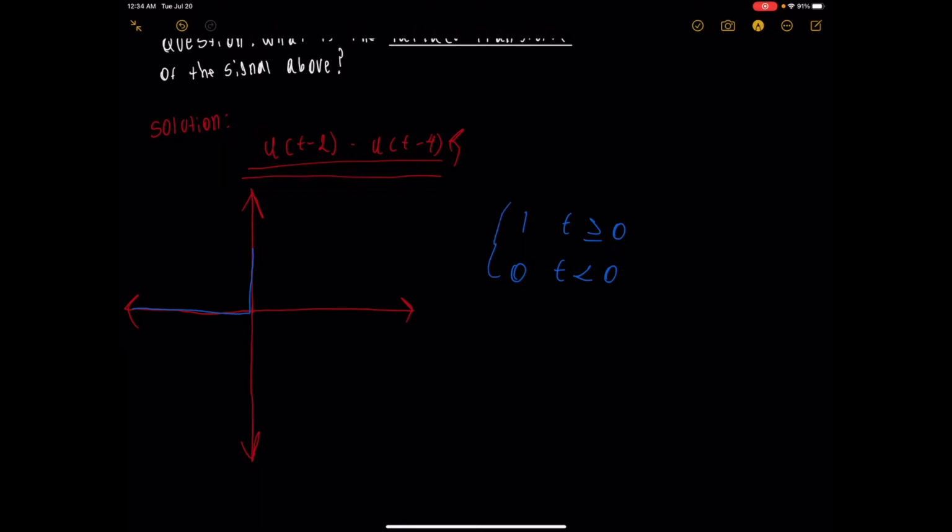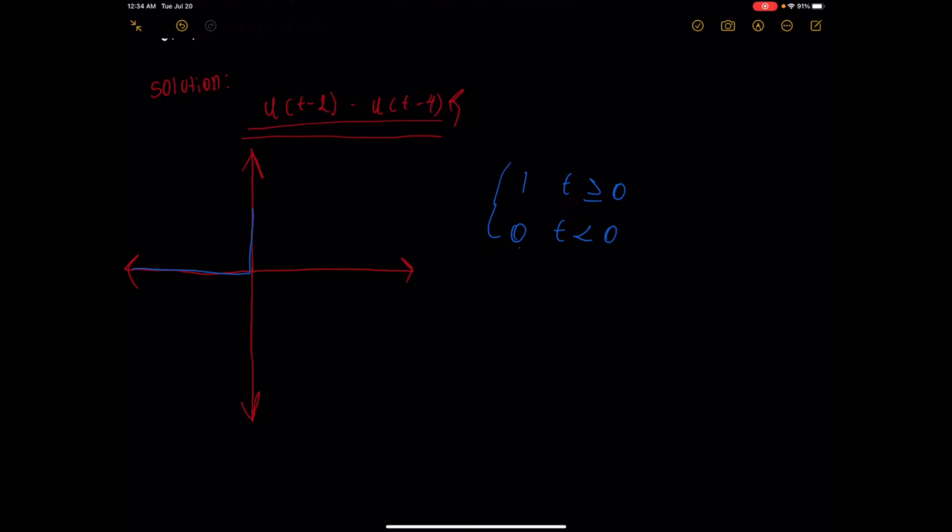So here what we have is 1, and this is just a unit step. Literally, it'll be going to 1 right when t hits 0.